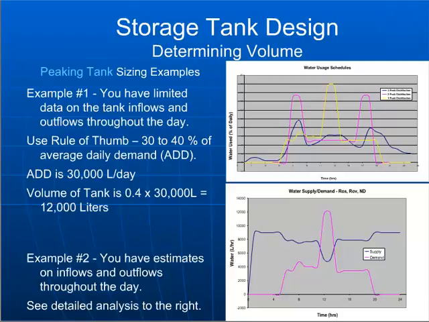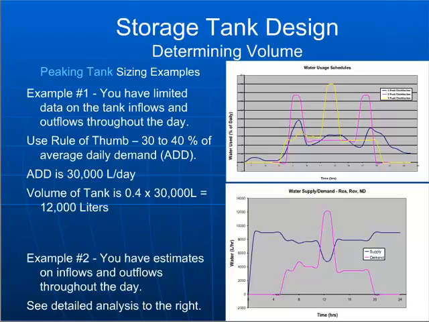If you look at the graph on the right-hand side, there are three curves that show how water might be used throughout the period of a day. The yellow line represents a single peak demand curve, the pink line would be a 2-peak distribution, and the blue line would be a 3-peak distribution.